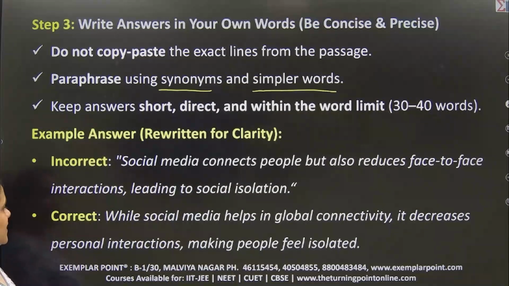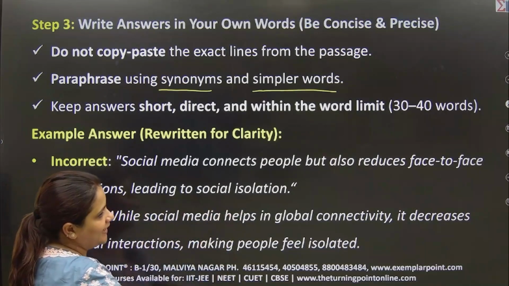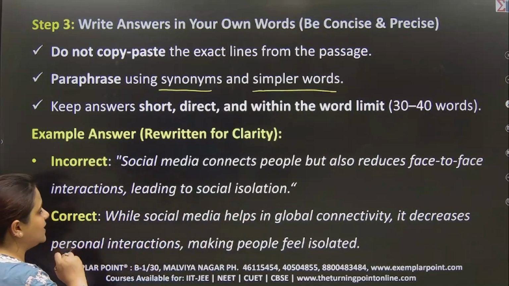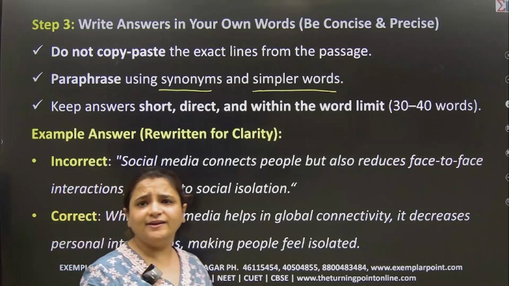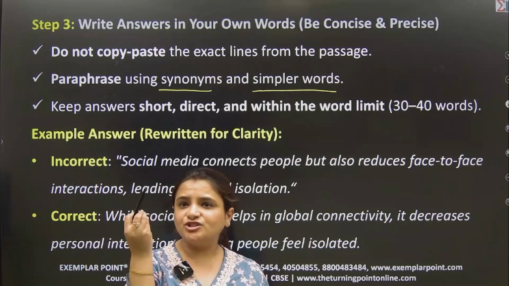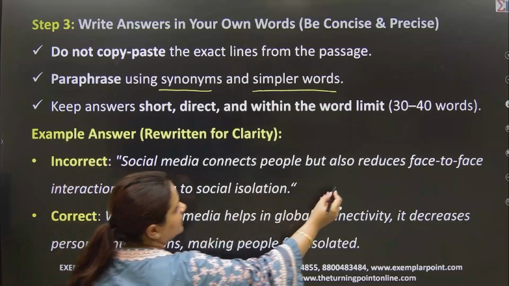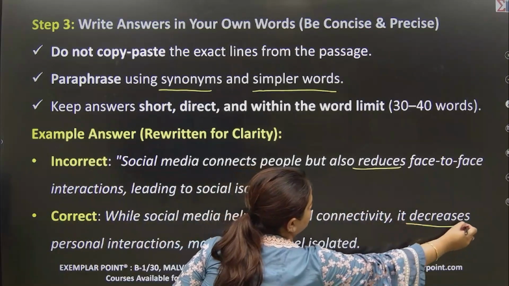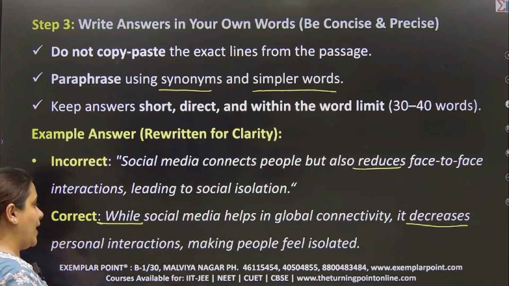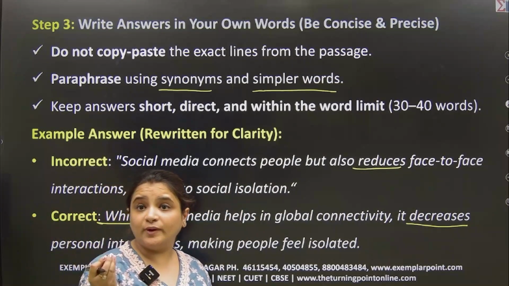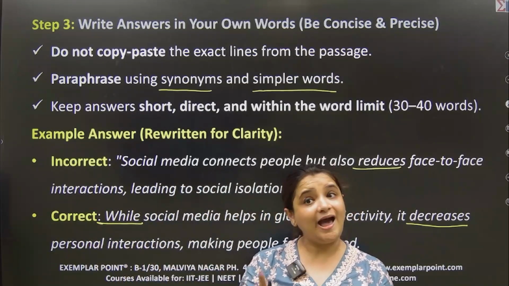The correct way to write in our own words is: while social media helps in global connection, it decreases personal interactions, making people feel isolated. I did not do anything. I just changed a few words, few synonyms, like, as I said, reduces being changed to decreases, using connectors such as while.